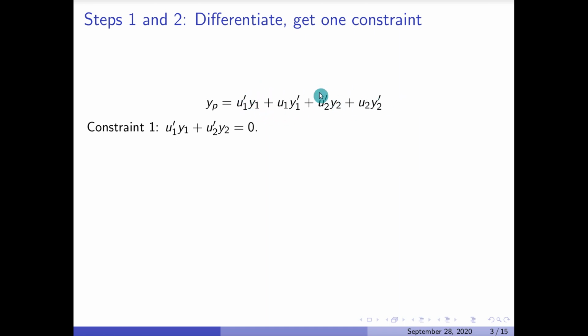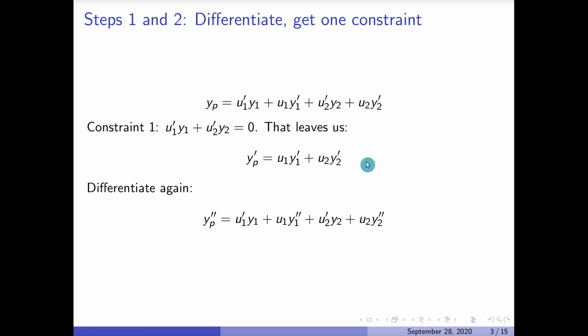The first and the third terms go away, and you're just left with u1 y1 prime plus u2 y2 prime. That makes it a lot easier to differentiate for the second derivative. If we differentiate it there, we'll get this expression. Again, the first two are the product rule for this term, and the second two are the product rule for this term.